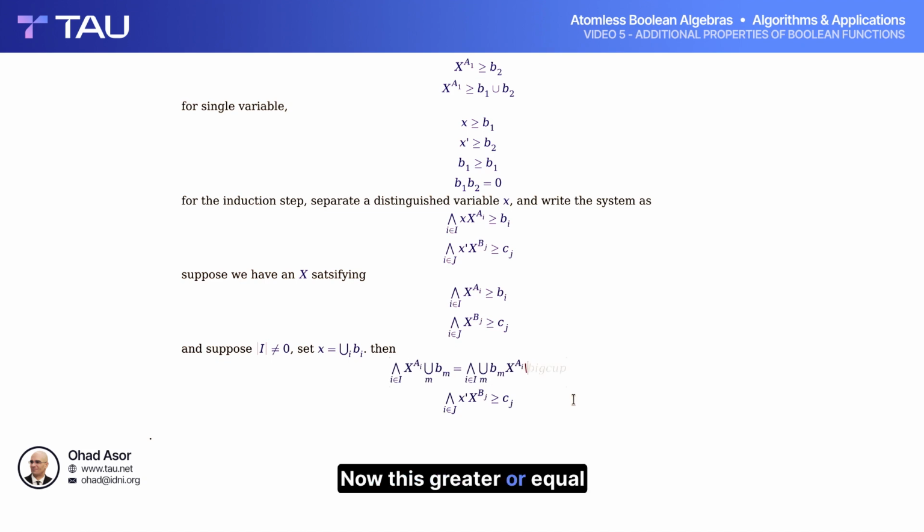Now this is greater or equal than if I take bi here, because there is a union here, and I take only one element from the union, therefore I'm greater. So this is greater or equal than if I take only i, but by the induction hypothesis, this is greater or equal bi.